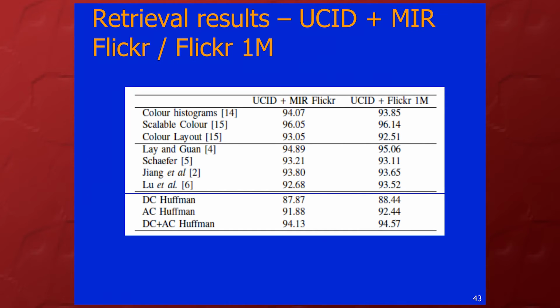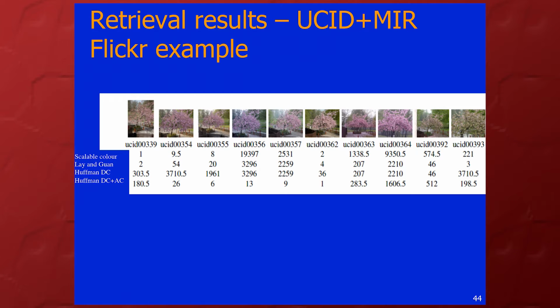These here now take a huge amount of time: downloading 1 million images, uncompressing them potentially, extracting the features, performing the retrieval. Here we're just downloading the headers. It's reasonable, at least, in terms of the response rate. And here again is an example of one particular sample image and a couple of retrieved results.